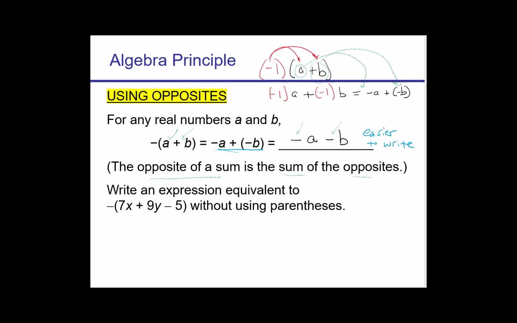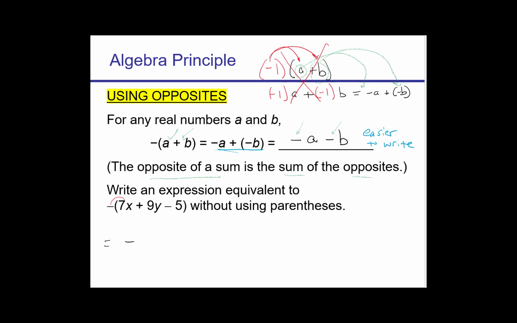Okay, so let's practice. Here we have an algebraic expression at the bottom. Negative of the group 7x plus 9y minus 5. Now, we're going to skip all of this here at the top like I did. If you really have to use the distributive law, multiply by -1 to make sure you're getting the right answer, go ahead. But I'd prefer that you just understood, oh, it's the opposite. Make the opposite of 7x.